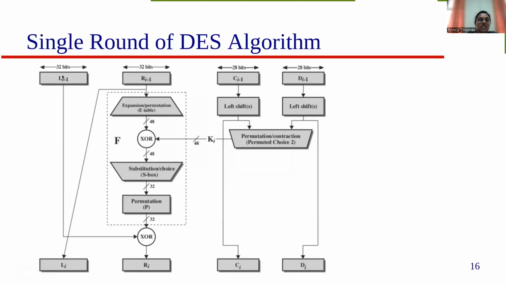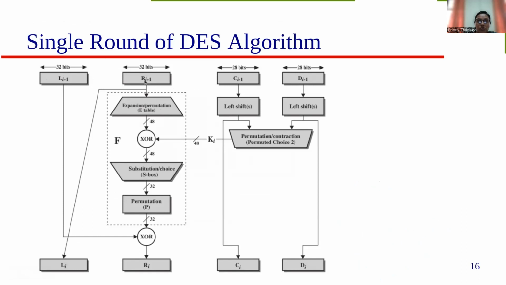To each round, we have a 64-bit input, which is divided into 32 bits left-hand side and 32 bits right-hand side. This right-hand side is given to an expansion permutation. There is an expansion permutation table, that I will show you later.